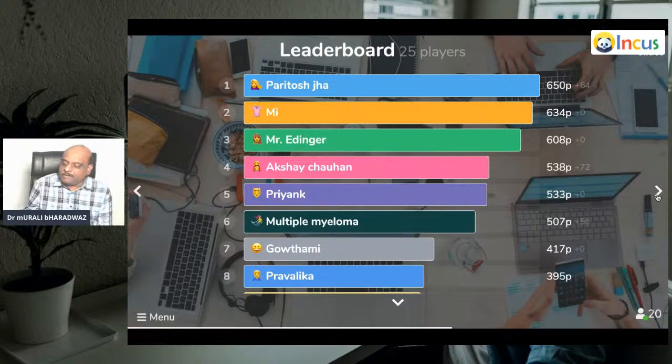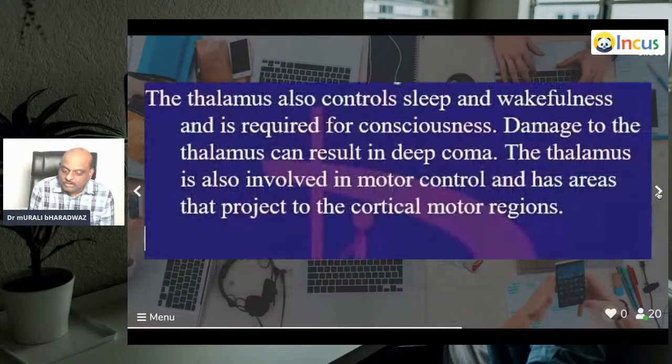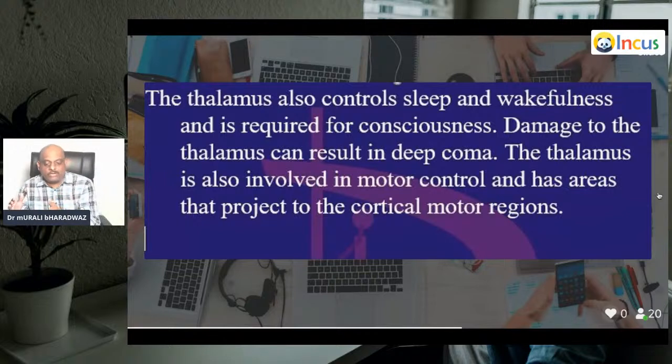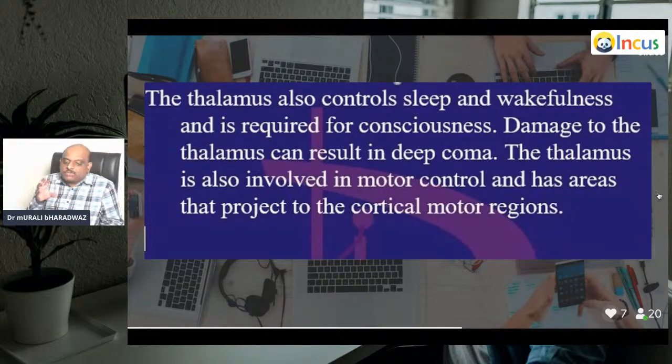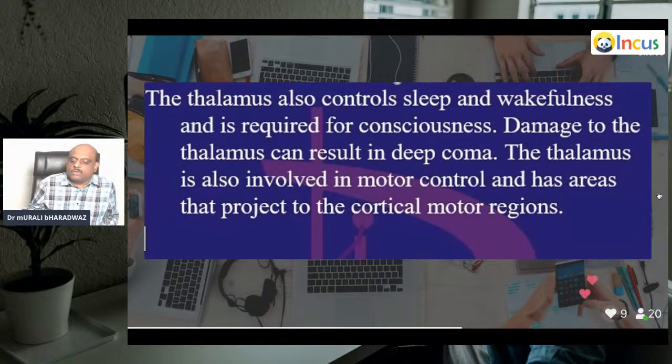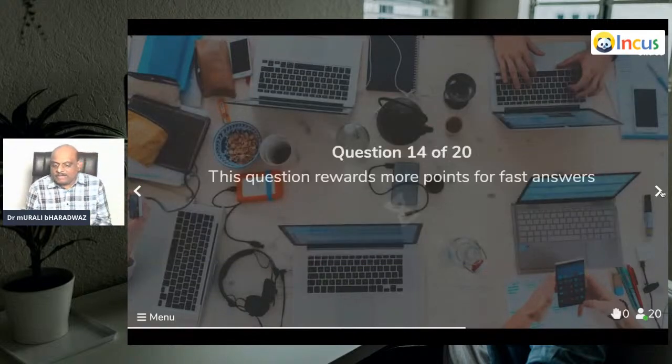Good. That keeps Paritosh on the top. So thalamus controls sleep, wakefulness, is required for consciousness, and any damage results in deep coma. And thalamus also is involved in motor control. These are all the points that you need to understand.